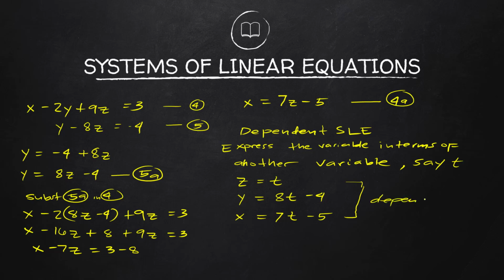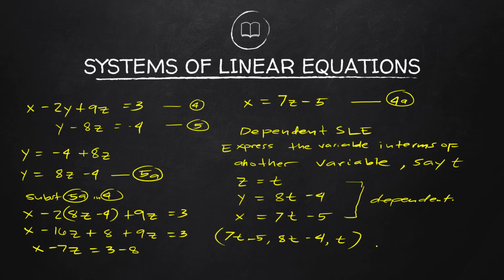So this is an example of a dependent, meaning the variables x and y depend on the value that is assigned to z. In ordered pair, this can be written as (7t minus 5, 8t minus 4, t).